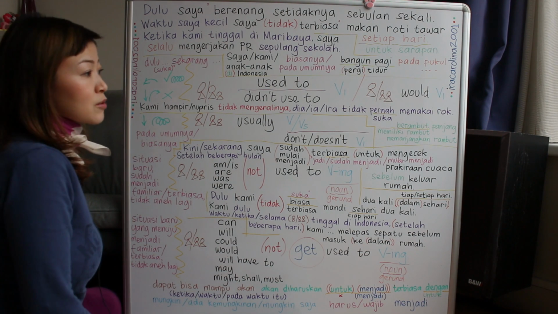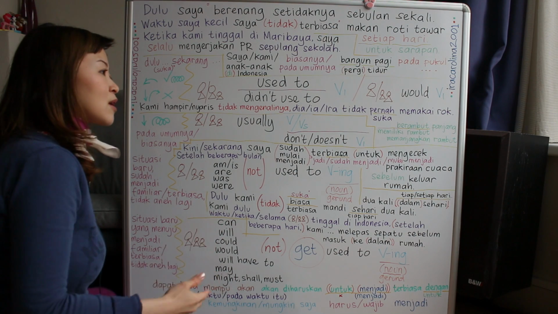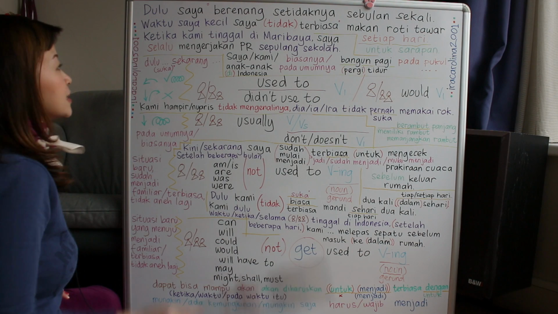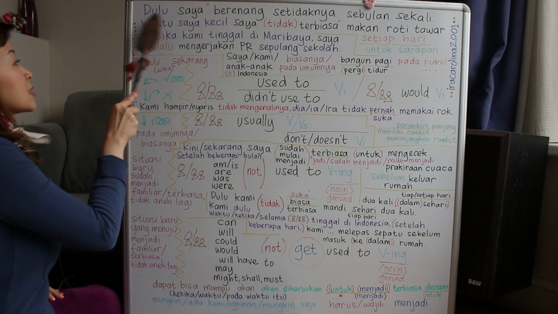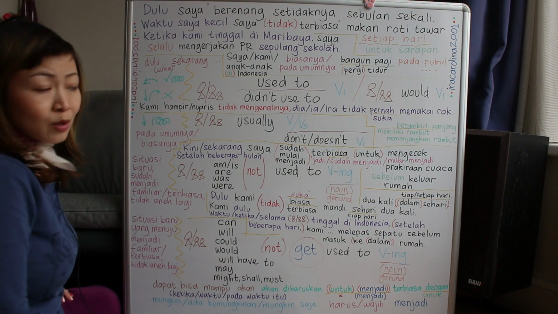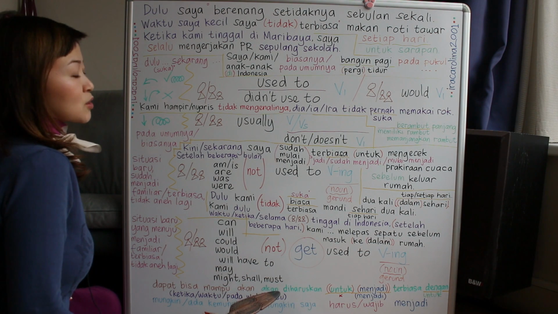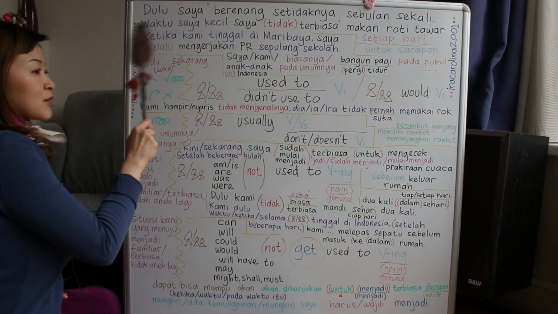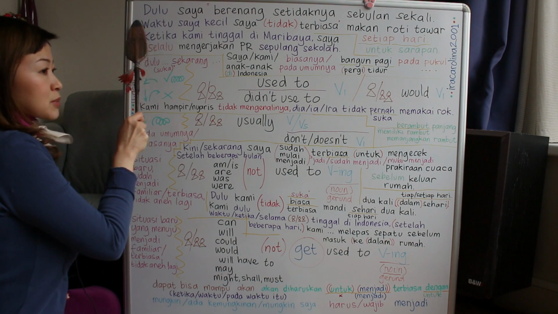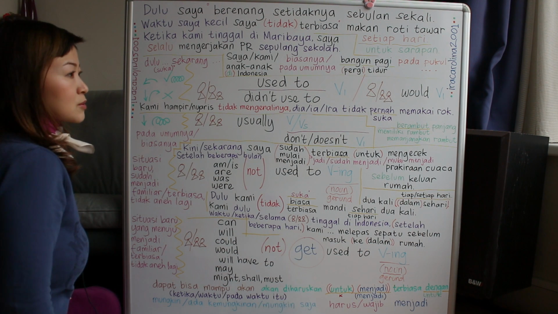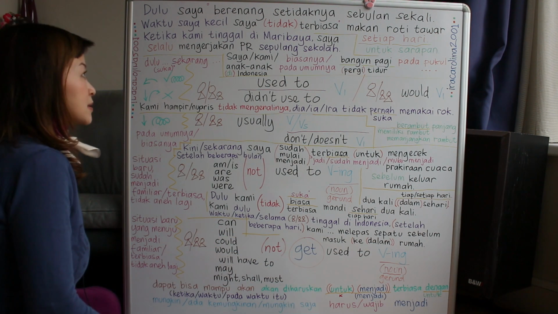But how to know if it happens now, in the past or in the future is by the time signal. Here we see dulu, long time ago or in the past. That's why this time signal is really useful in Indonesian language, to explain when it happens.